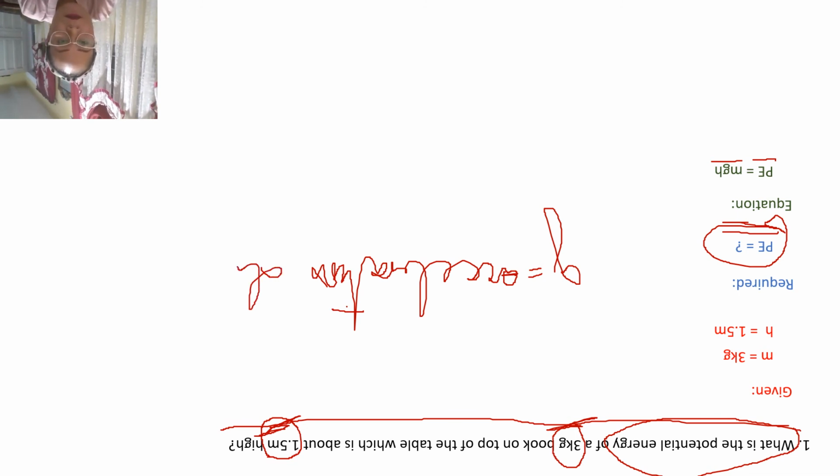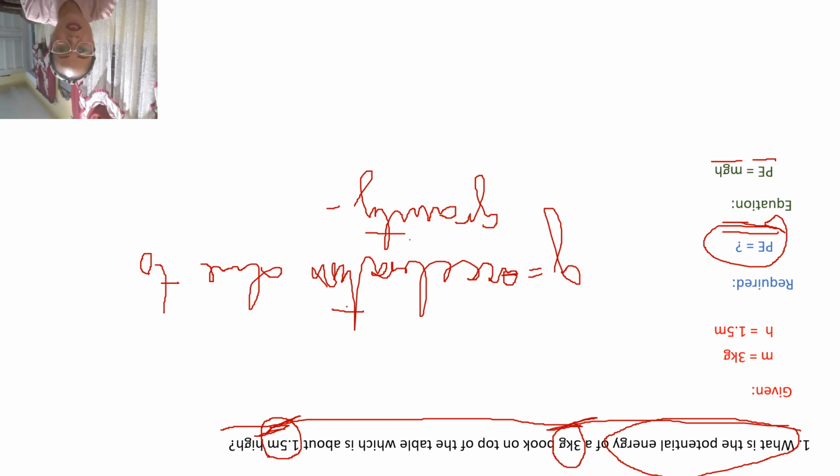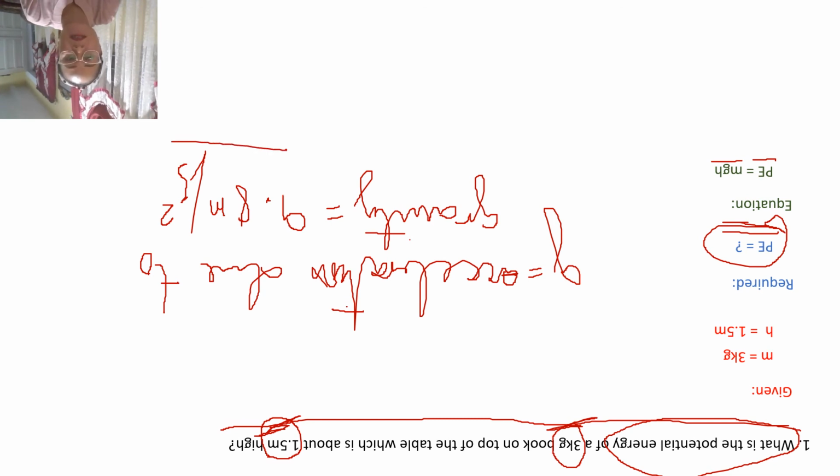acceleration due to gravity, which is always equal to 9.8 meters per second squared.